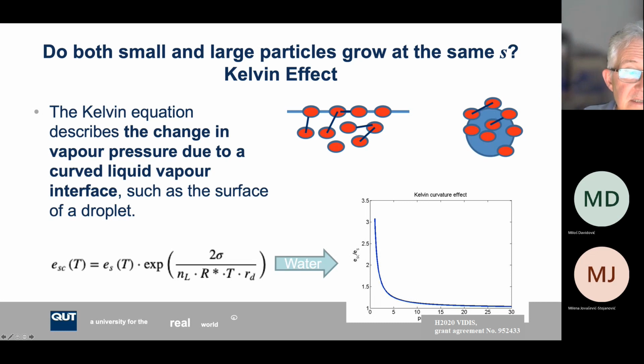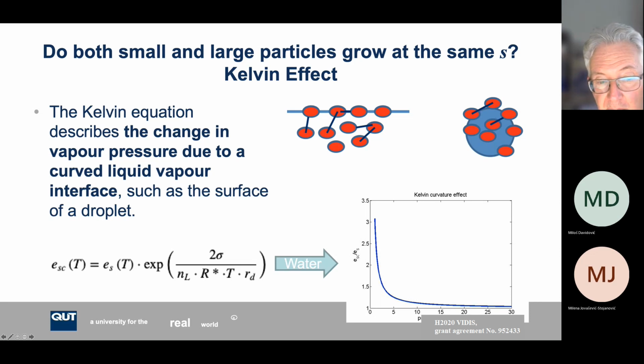So what does this saturation vapor pressure of a curved surface depend on? It depends on the surface tension, these are all constants, the temperature, and it is inversely proportional to the diameter of the particle. So the smaller the diameter of the particle, and that's in the denominator, the larger the exponent, and the larger the saturation vapor pressure needed to keep this particle of diameter d stable.